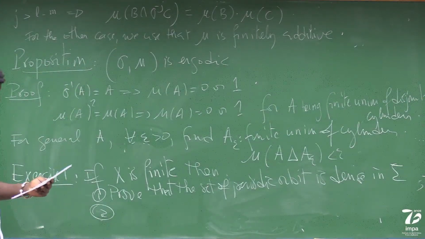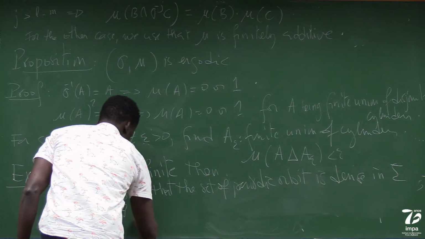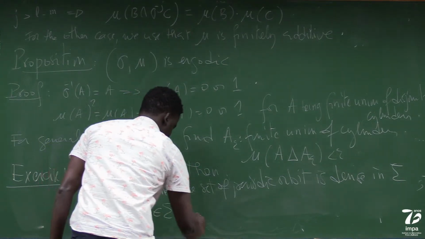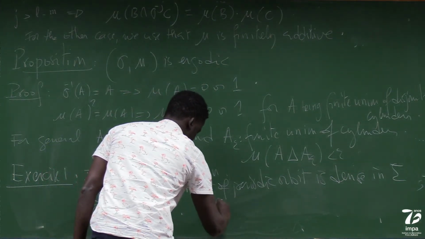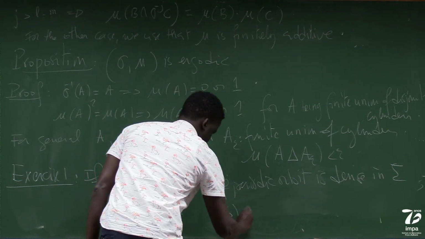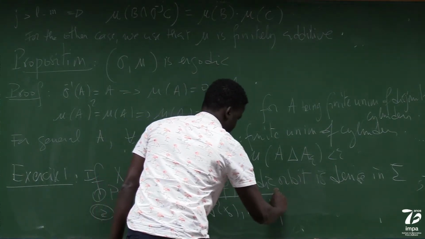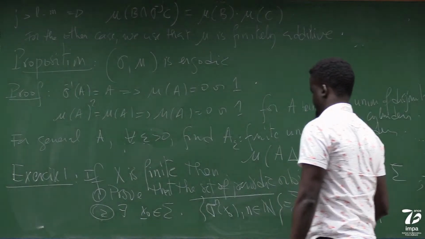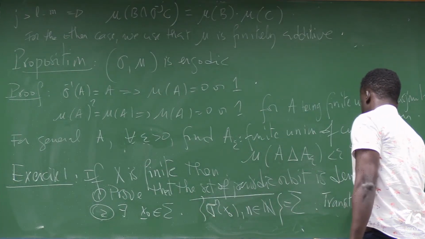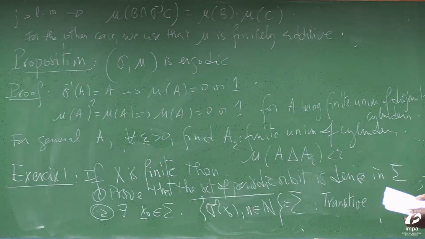It has a dense orbit, like there exists x naught in sigma such that the orbit of x naught under sigma^n, n in N, is the whole space. So this system is transitive.